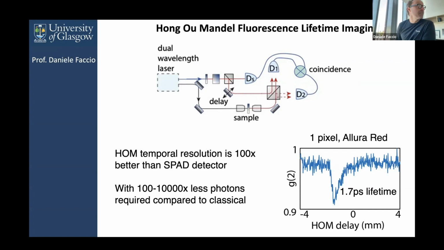So if you're measuring lifetimes in the nanosecond, 500 picoseconds upwards regime, that's fine, and that's the gold standard at the moment. But if you have fluorophores that have a decay time of the order of picoseconds, then you will not be able to measure anything with that technique.